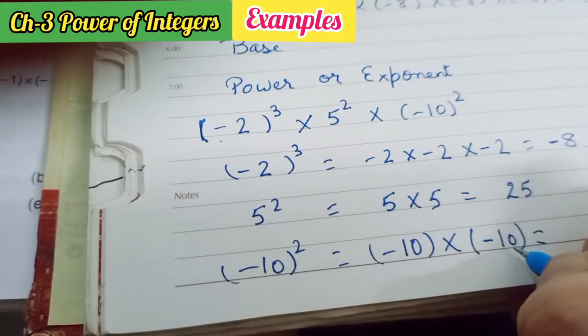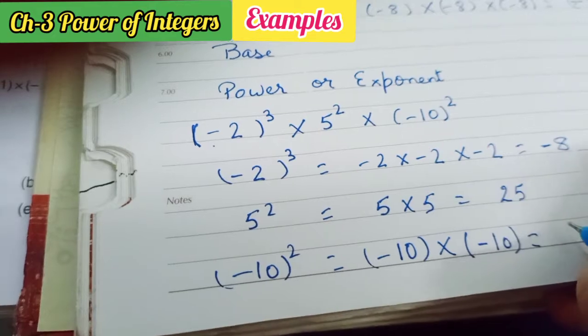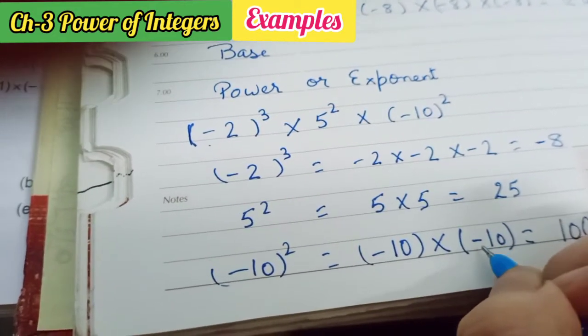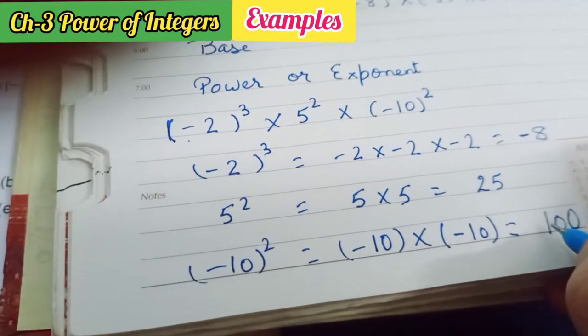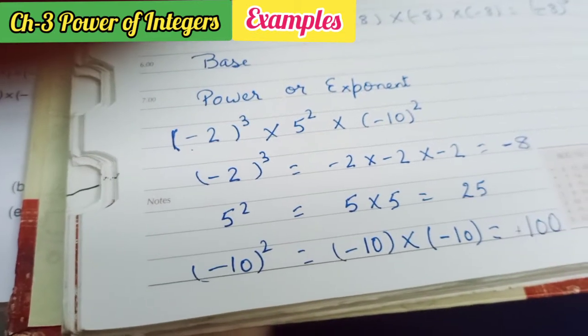Then we will multiply the absolute values of minus 10. 10 tens are 100, and we will put the sign. 2 minus signs are there, even minus signs multiplying result to positive. So here we will get positive 100.